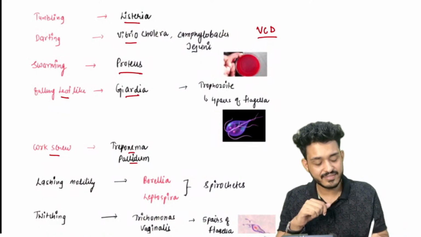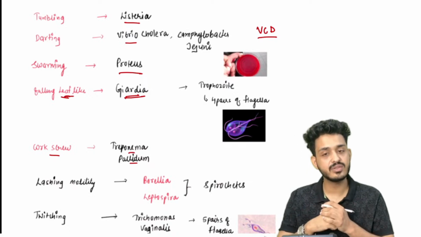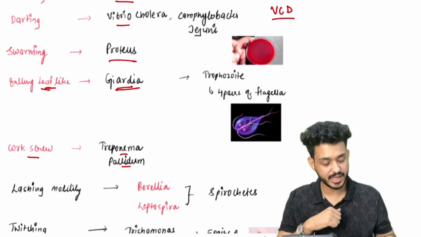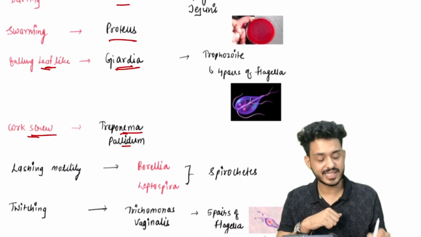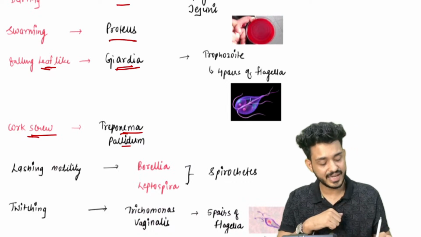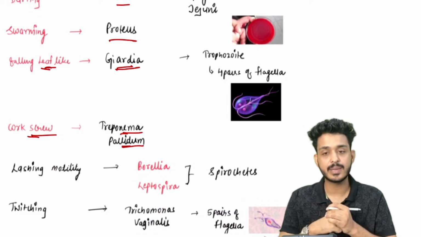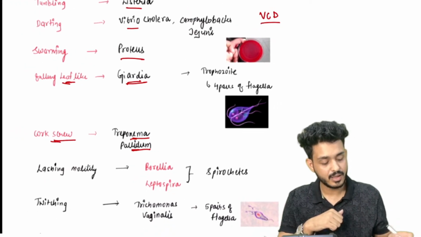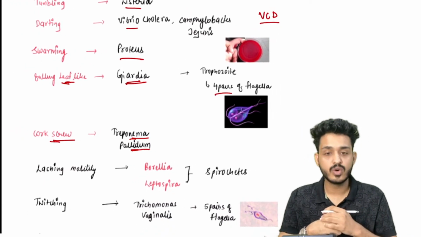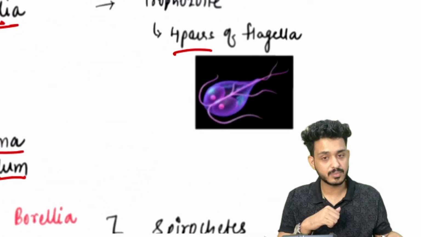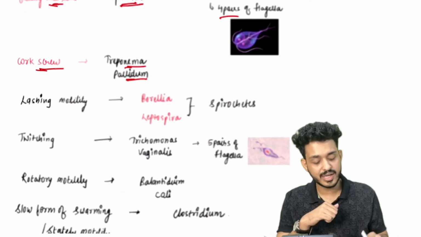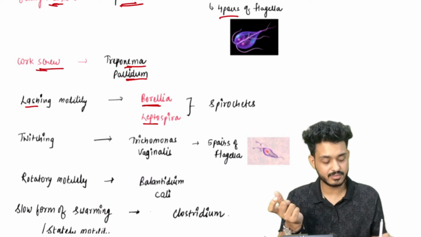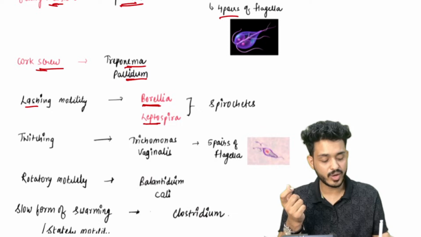Falling leaf-like motility we will be seeing in the cases of Giardia. Giardia trophozoite will be having 4 pairs of flagella. You will be having questions from this also. Okay. Lashing motility. How do we remember lash? We can wrap it up in a sack.